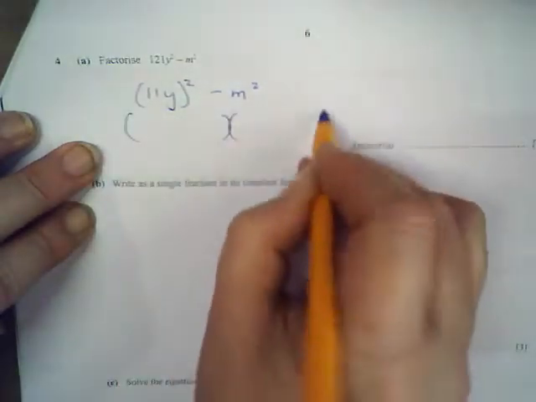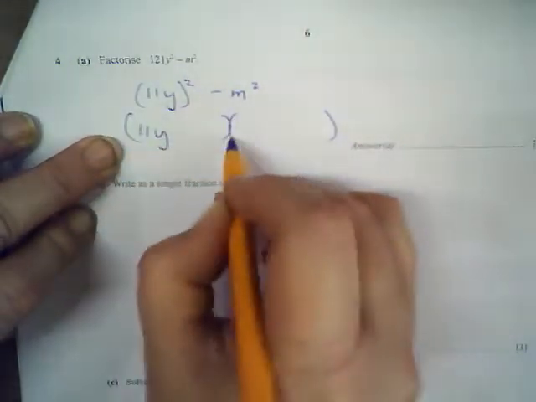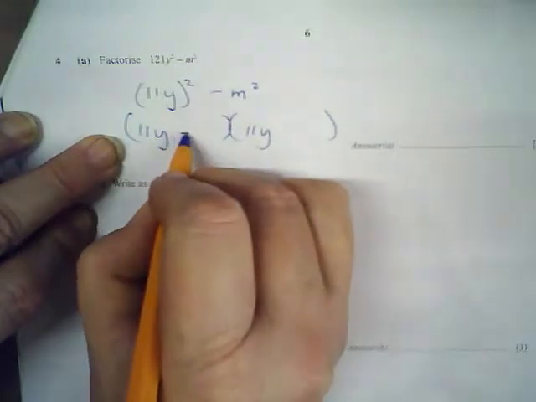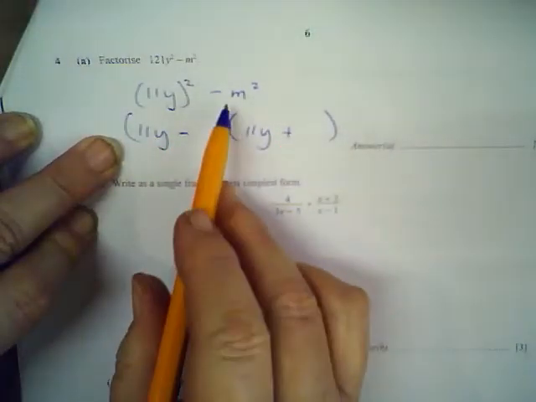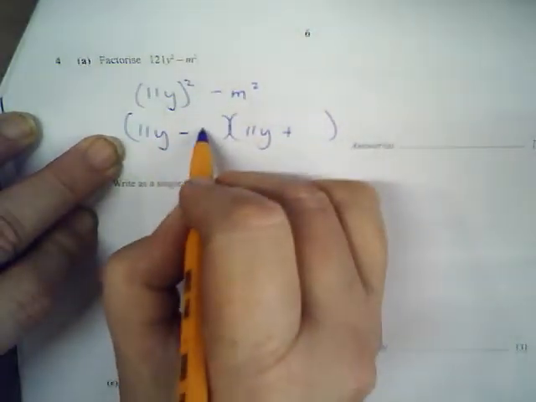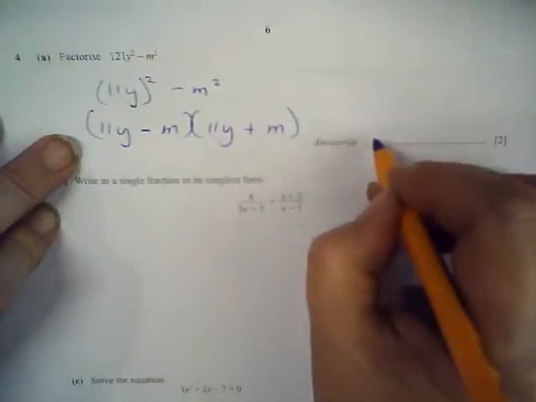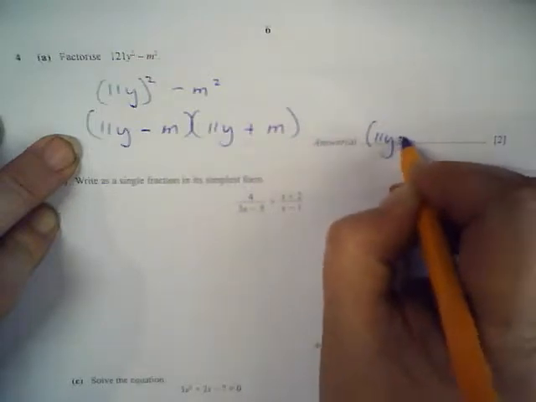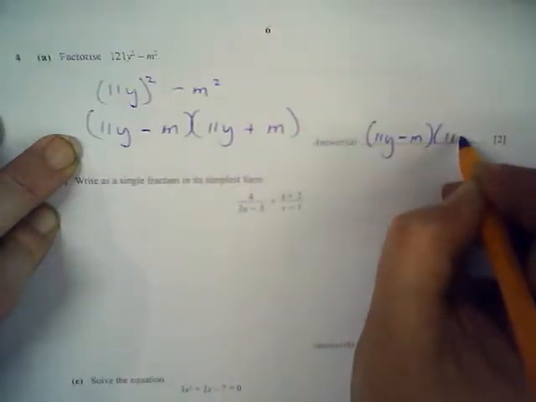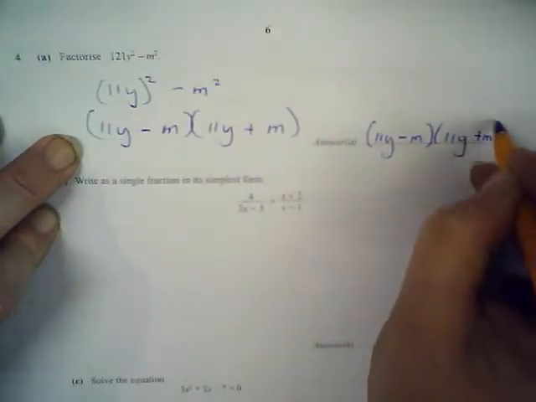I can factorize this. 11y minus, and a plus. This is the difference of two squares, m, and that would be my answer. 11y minus m and 11y plus m.